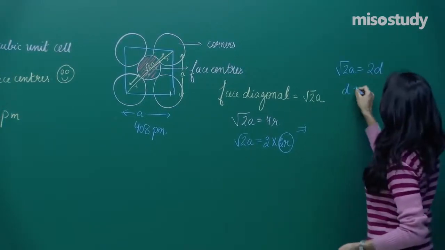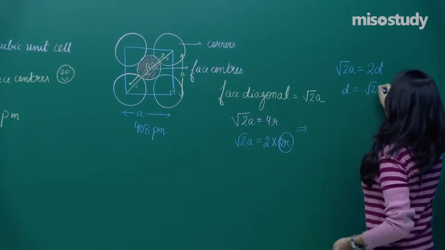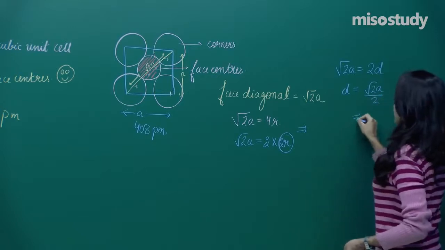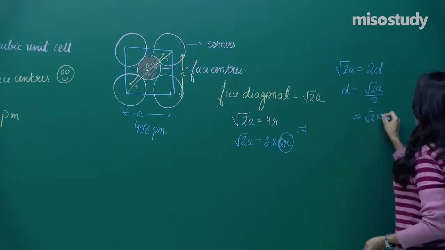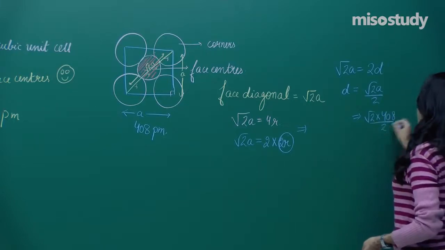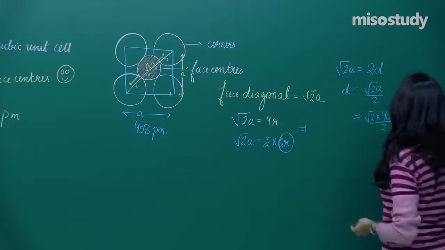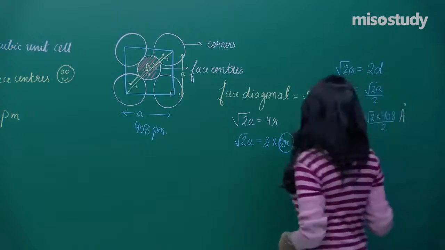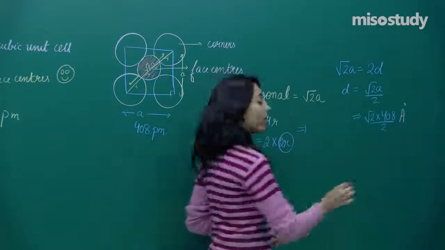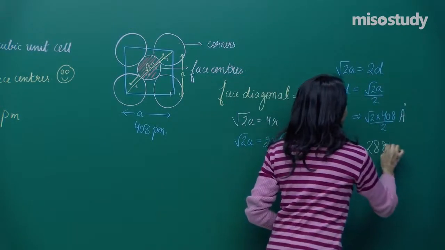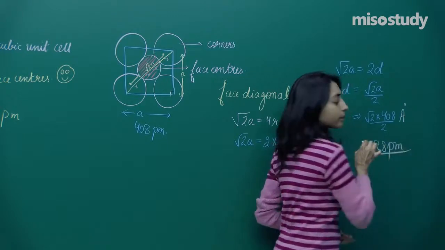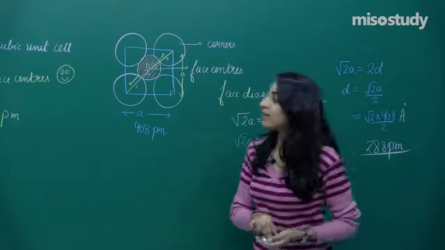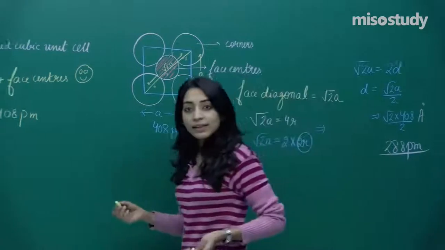Now you can say d is equal to √2 a divided by 2. So if you put the value, √2 into 408 divided by 2, this is in picometers. Now if you calculate the value, you will end up getting something like 288 picometers.